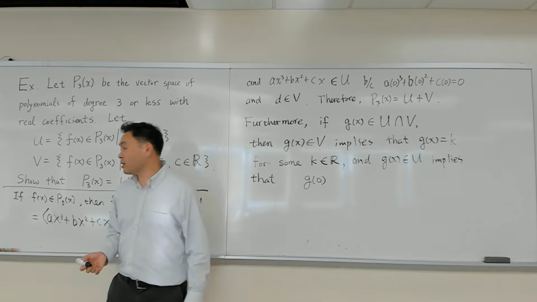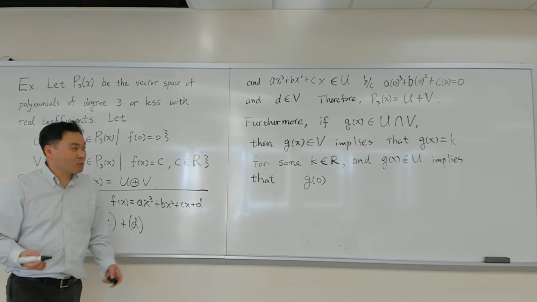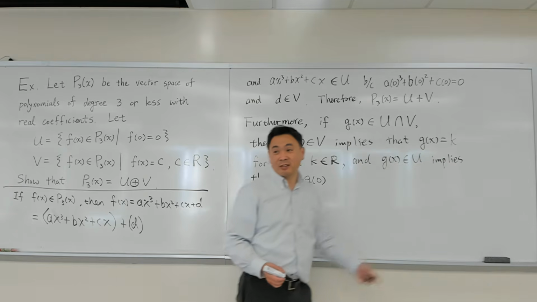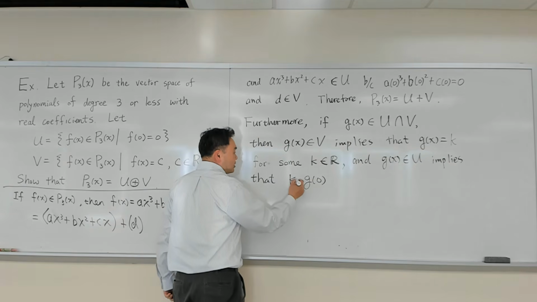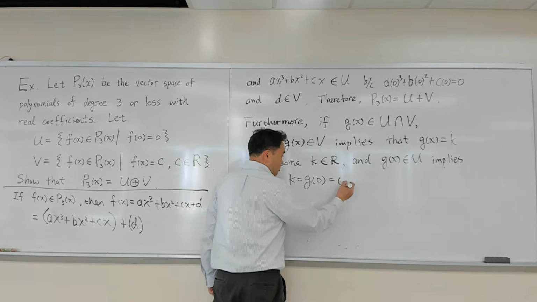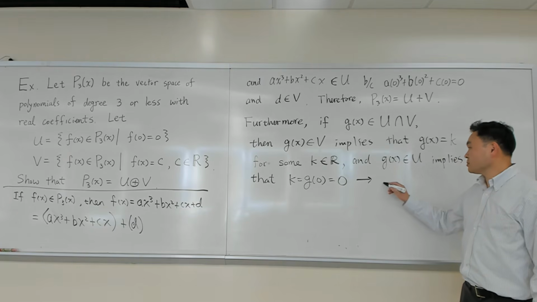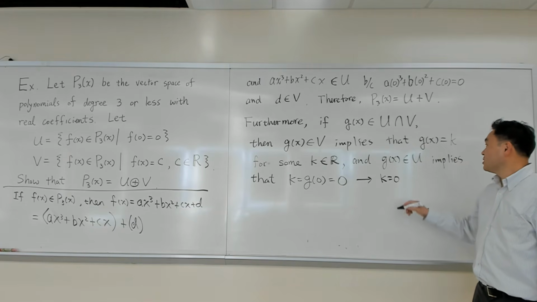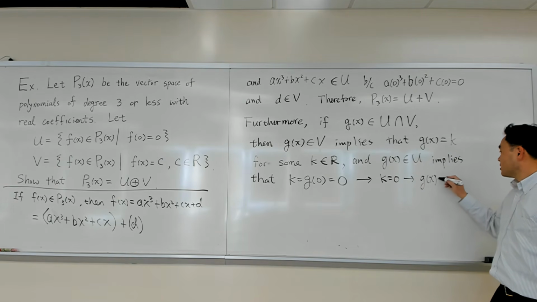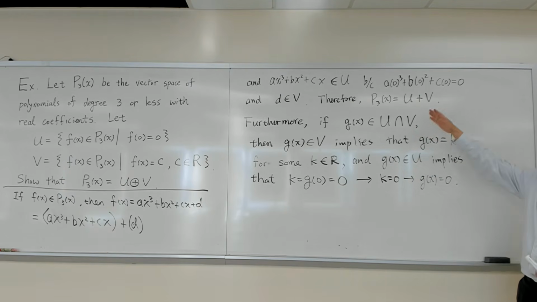If g of x is k, what's g of 0? 0. Well, not yet. If I plug in x equal to 0, you just get k. Right? So you say k, but then being in U implies that g of 0 is 0. So that means k is 0, but since g of x is k, that means g of x is 0.